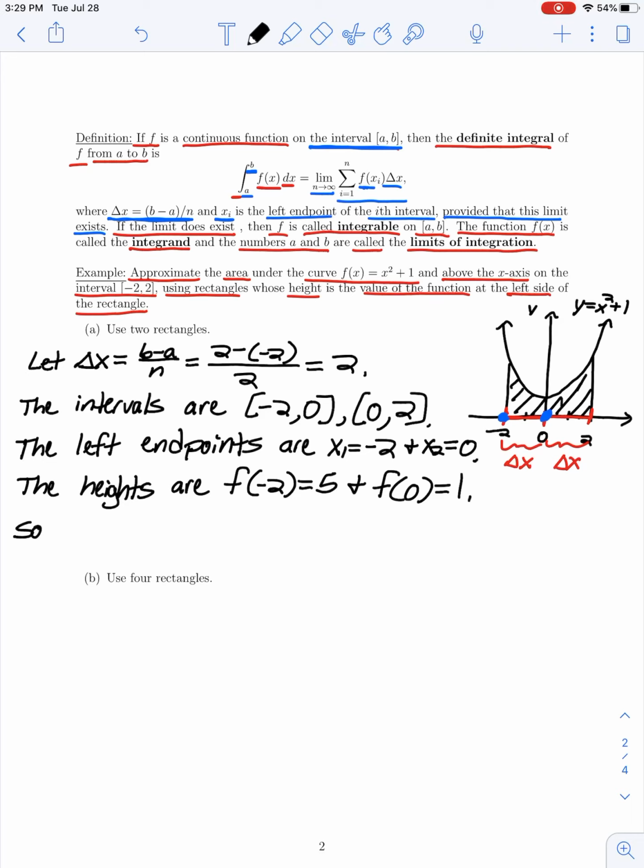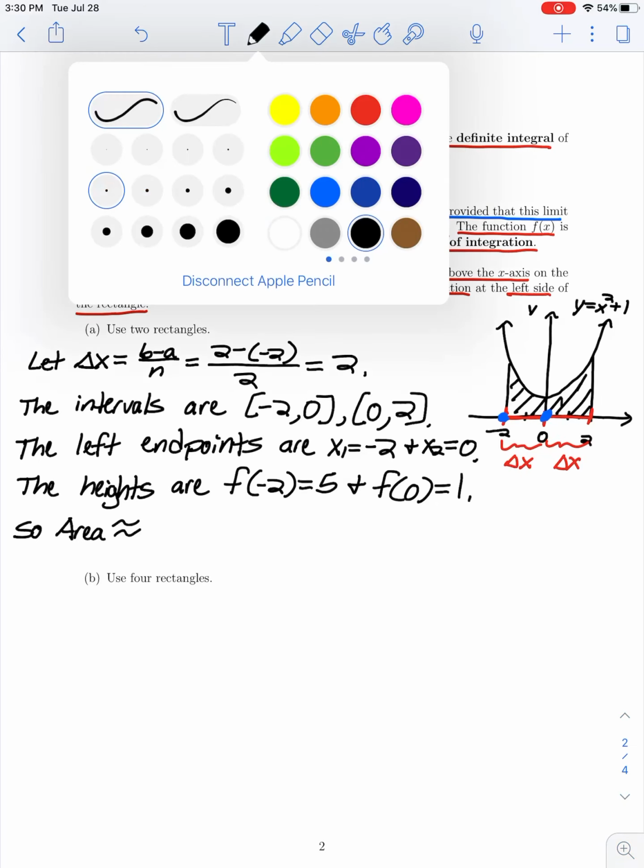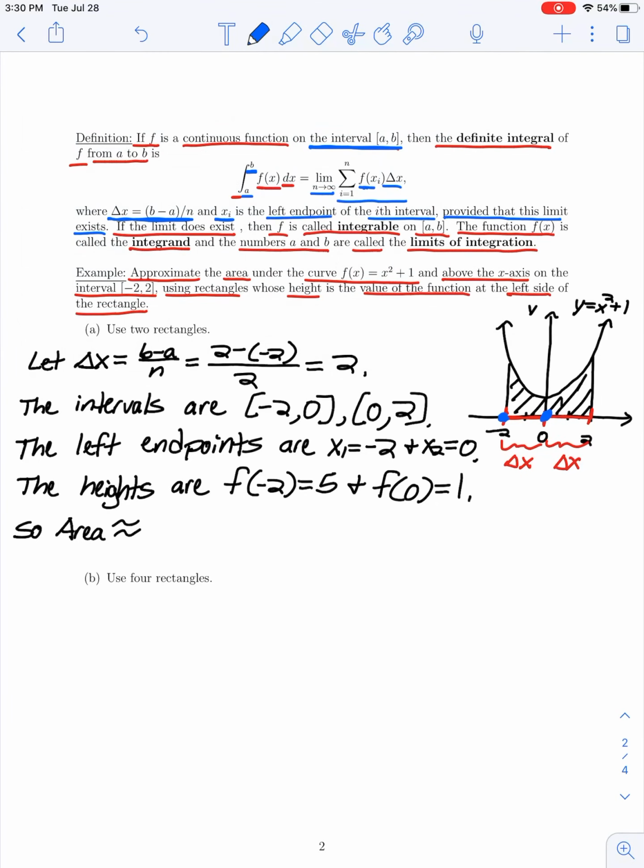So the area of this shaded region can be approximated by taking the area of our two rectangles. So here f of -2 we said was 5, and then f of 0 is 1.